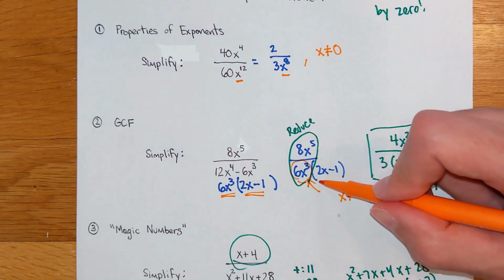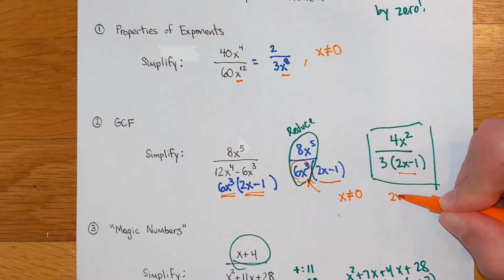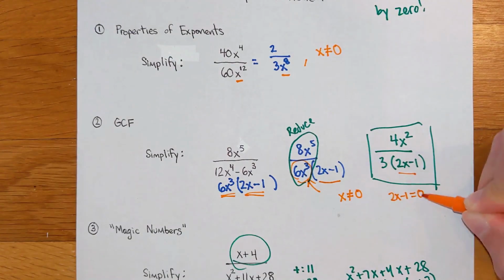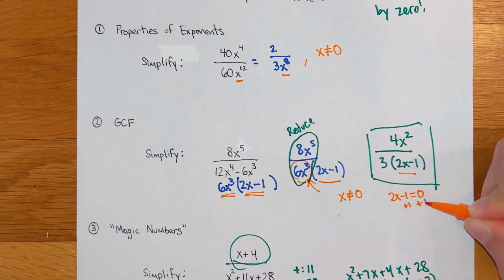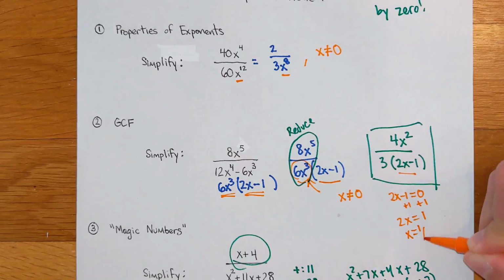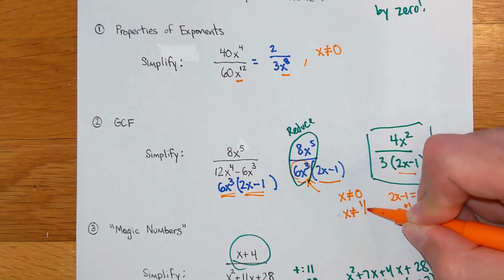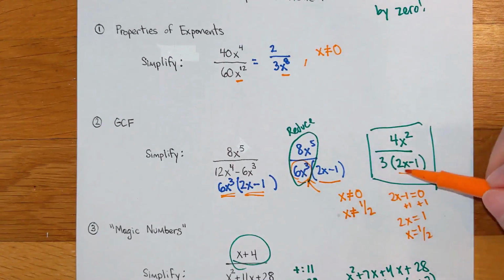I also have this parenthesis right here. So what I do with that is I just figure out what x would make it be a 0. I just solve it real fast. You're going to get x is a half. So my other restriction on this problem is that x can't equal 1 over 2. Those are the numbers that would make you divide by 0.